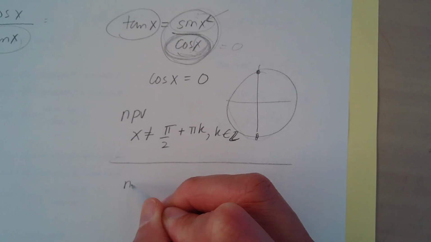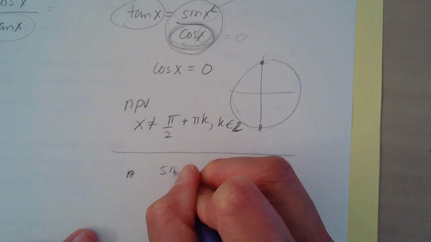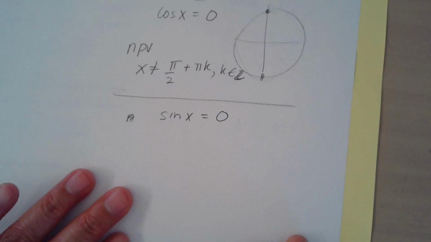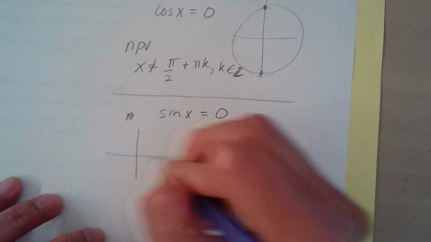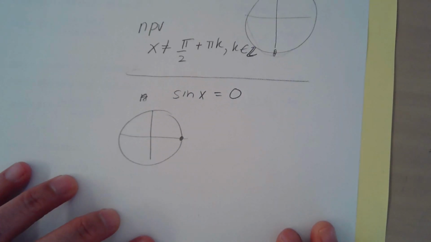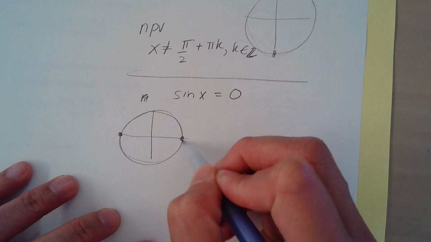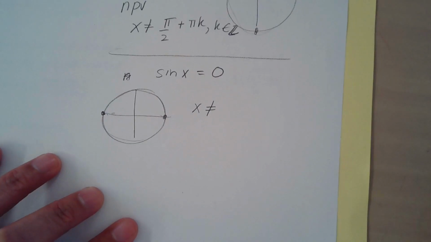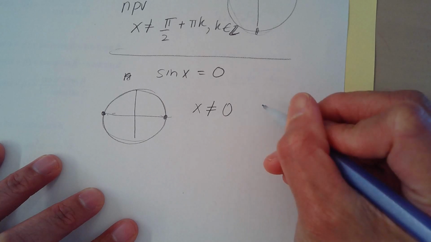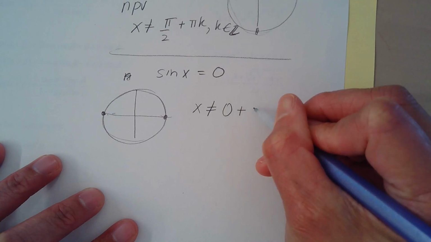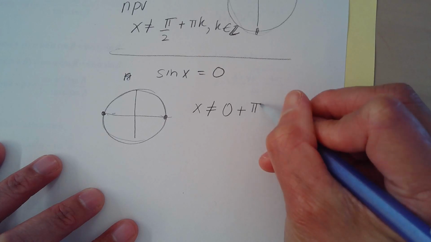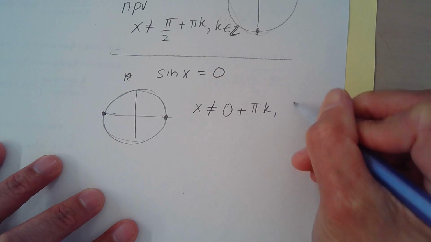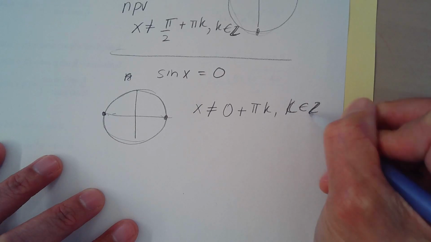So where is sine of x equal to 0? 0 and pi. Okay, so what's the way to state that these are my non-permissible values? x cannot equal 0 plus pi times k, where k is an element of an integer.